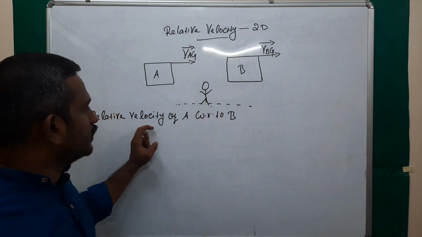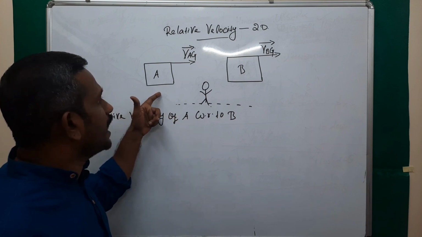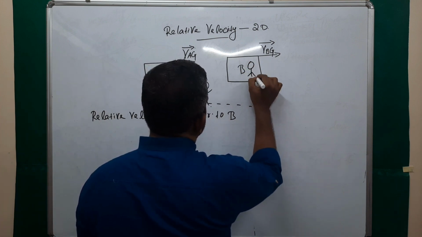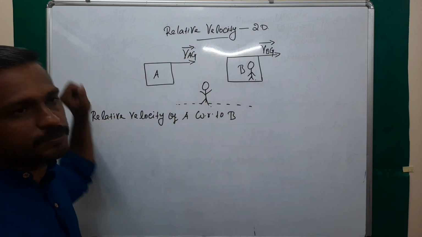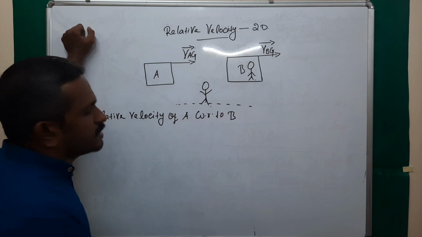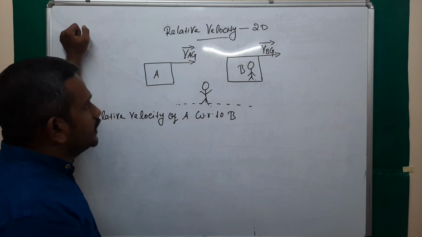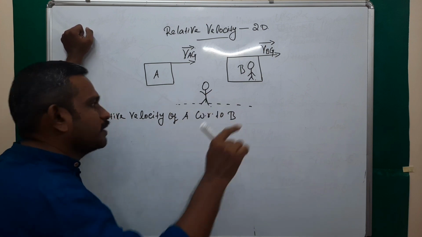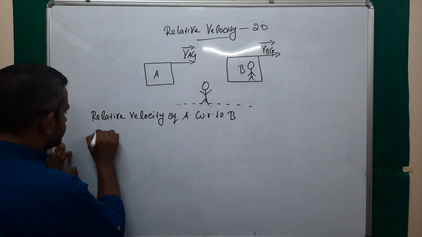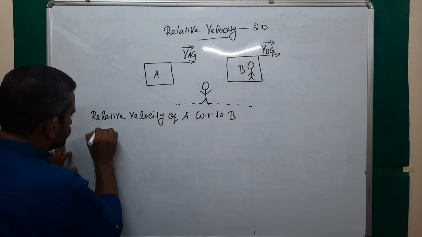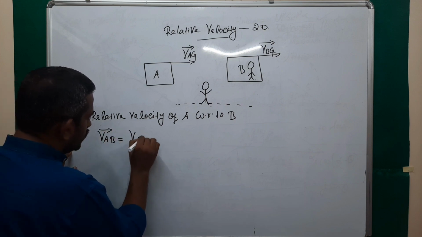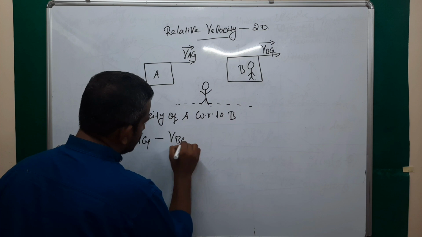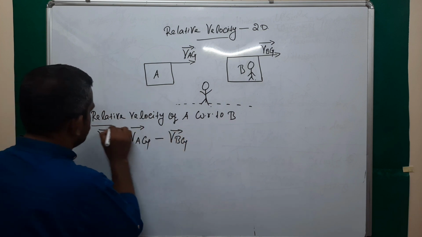So the velocity of A with respect to B, or the velocity of A as seen by B, means the observer changes its position from ground to B. The observer is on object B and he is watching A. That is the meaning of the relative velocity of A with respect to B. So we can write velocity of A with respect to B vector is equal to VAG minus VBG.